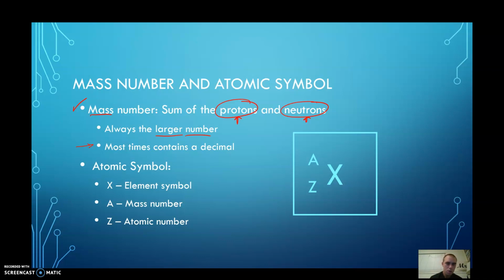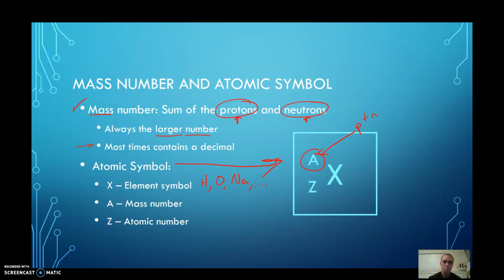Then we look at this atomic symbol notation. X is going to be the element symbol, so this would be like H for hydrogen, O for oxygen, Na for sodium, and so on. The A up here is the mass number, so this number is protons plus neutrons.